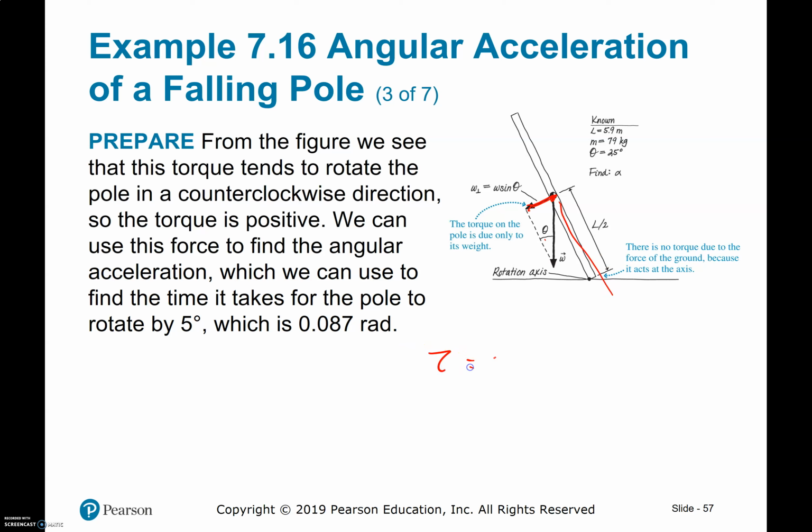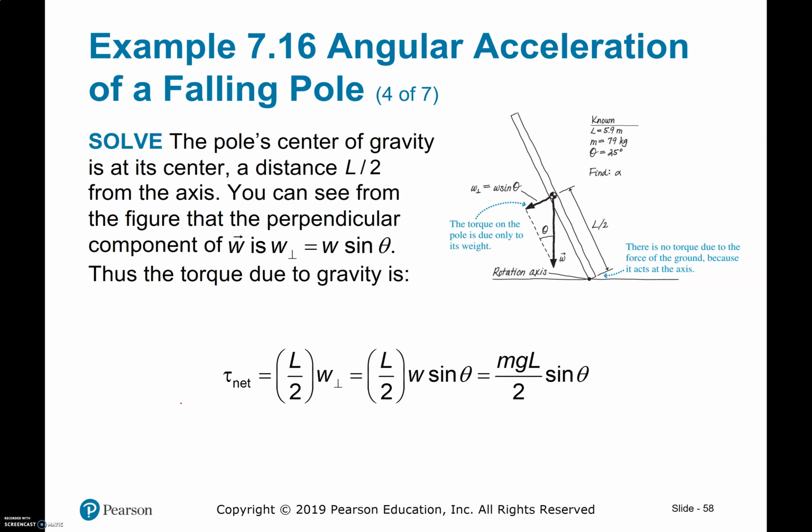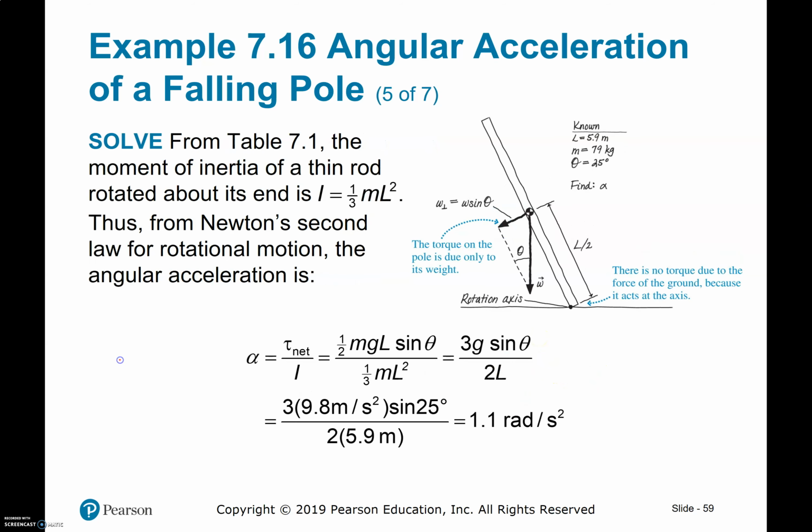So the torque is W sine theta multiplied by L over 2. That is your torque. The gravitational force is mg, so the torque comes to be mg sine theta times L over 2. That's your torque. So that's the only force being applied.